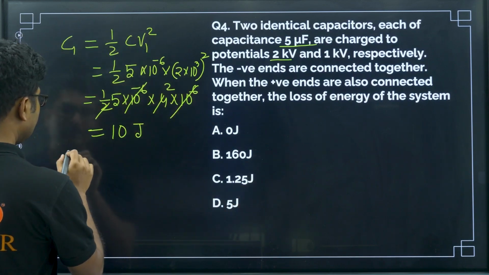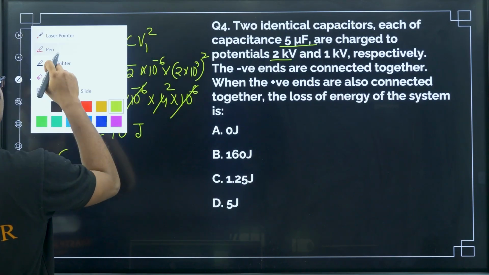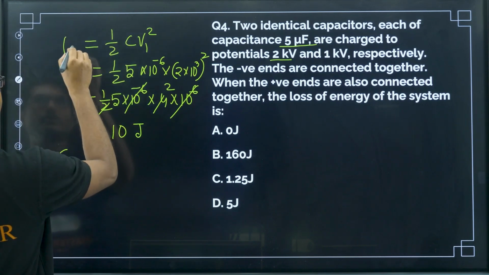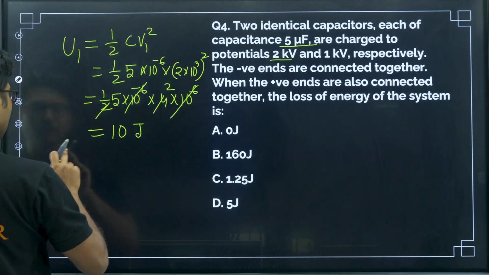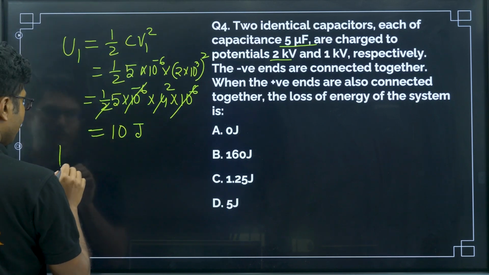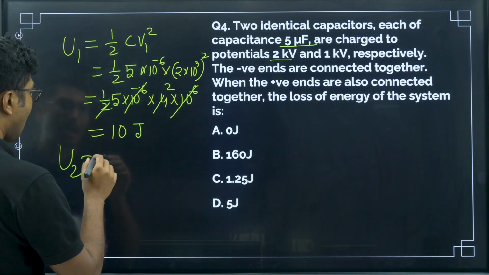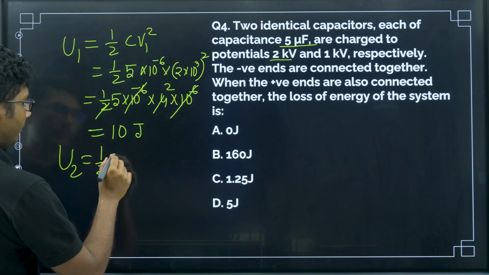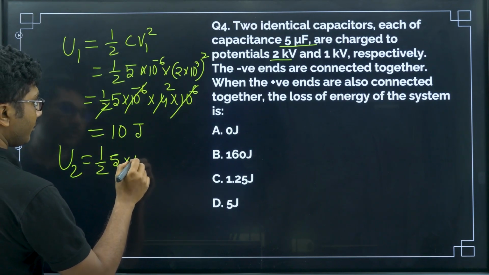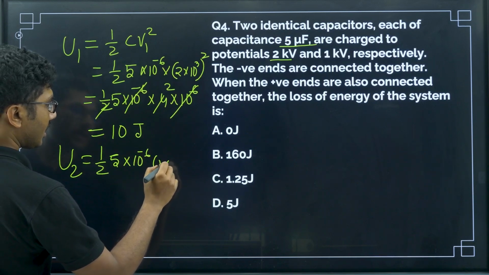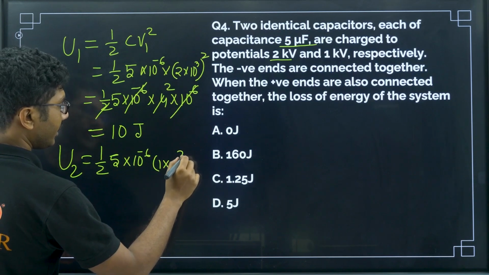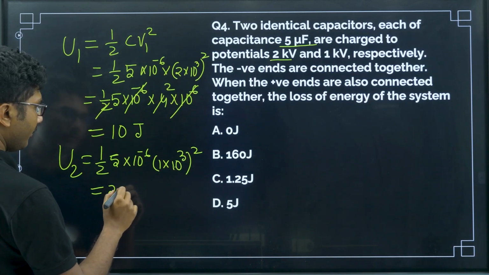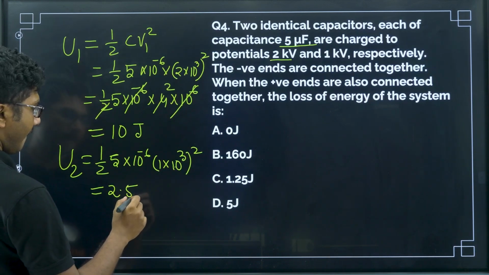For the second capacitor C2, sorry, this is not C1, this will be U1, the energy stored. So U1, and this will be U2. U2 will be half times 5 times 10 to the power of minus 6 times 1 times 10 to the power of 3 whole square, or you can say it will be 2.5 joules.